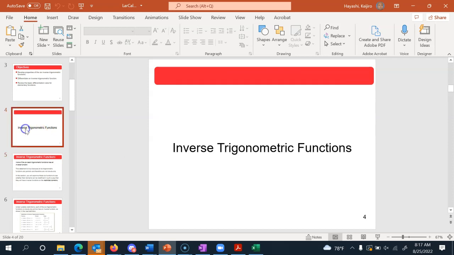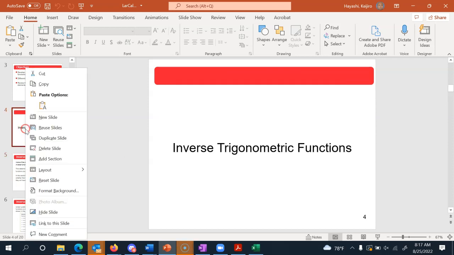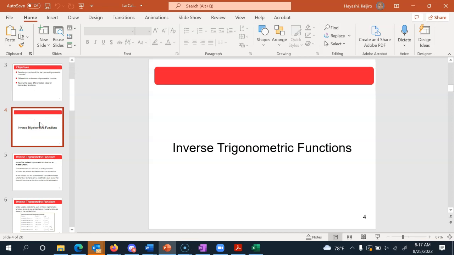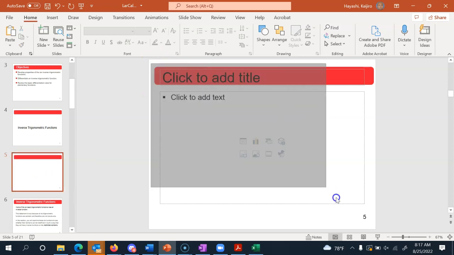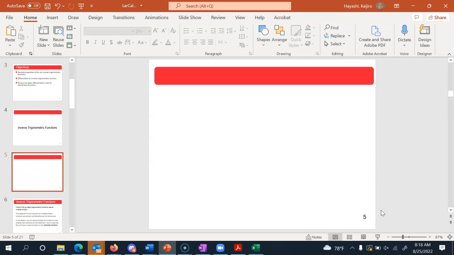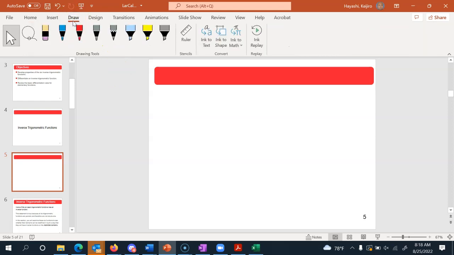So first, let's talk a bit about just regular trigonometry. Everything that you know about trigonometry, or everything that you should know about trigonometry, is all based around the unit circle. And that is just a circle centered at the origin with a radius of 1.